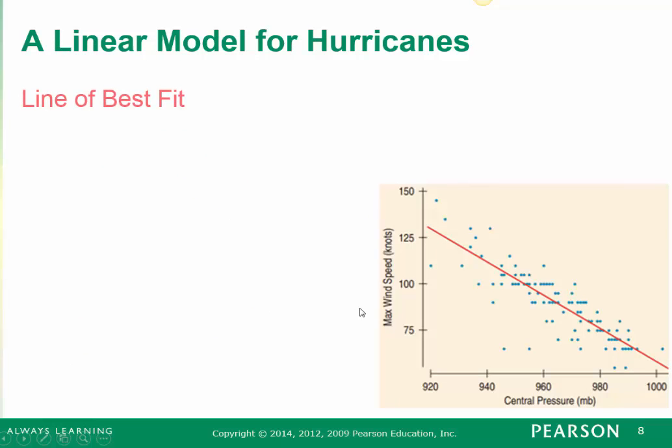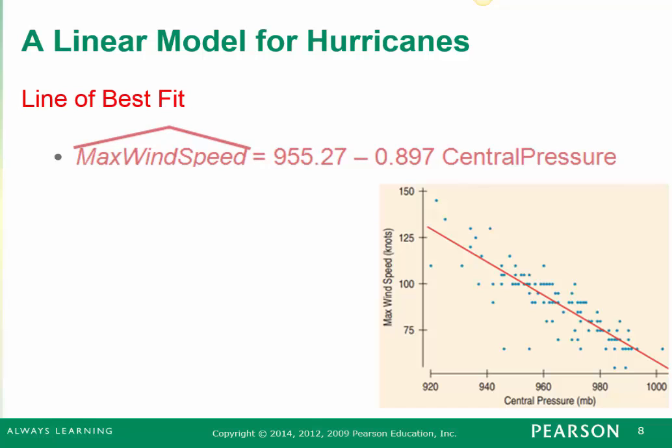Okay, here's another example. This is a model for hurricanes. And if we look at the scatter plot, we notice a negative direction, pretty strong relationship, and it's linear. Here's the equation that fits the model, so that we're predicting the maximum wind speed is y, and there's the y-intercept, and there's the slope.